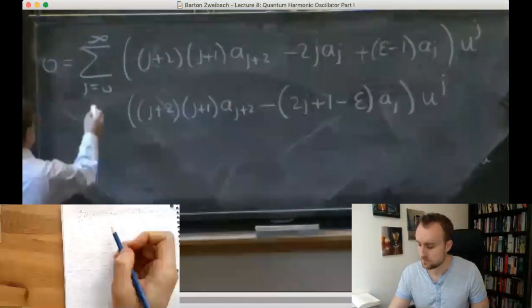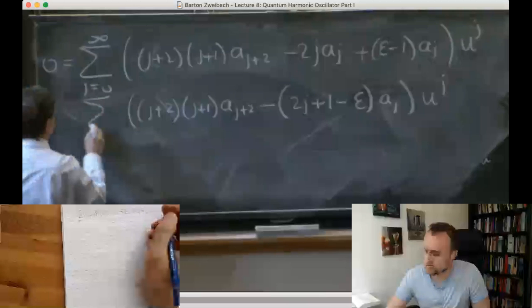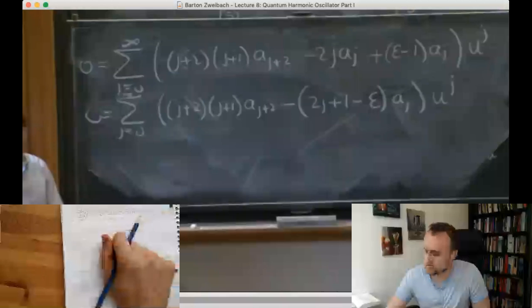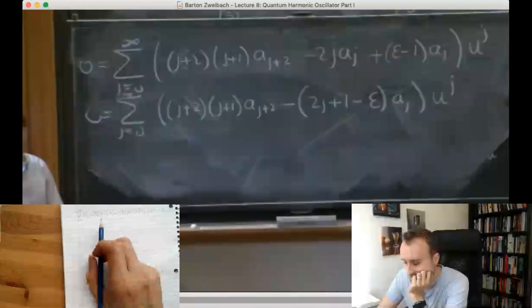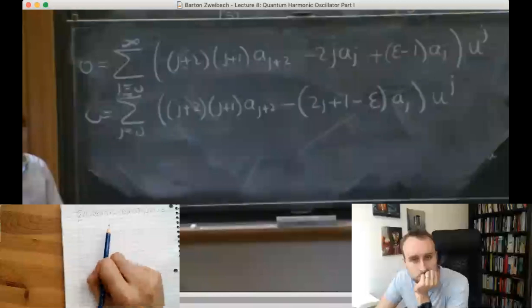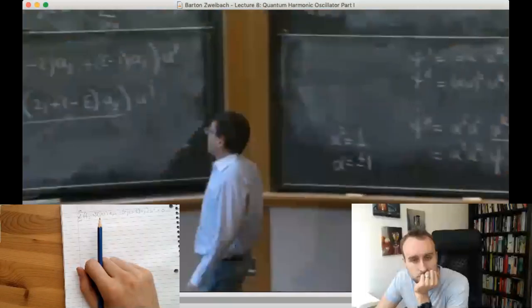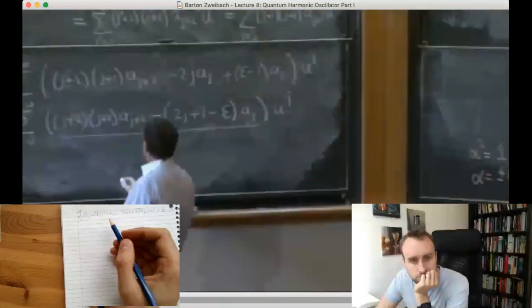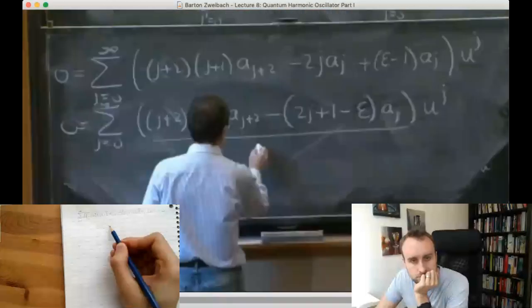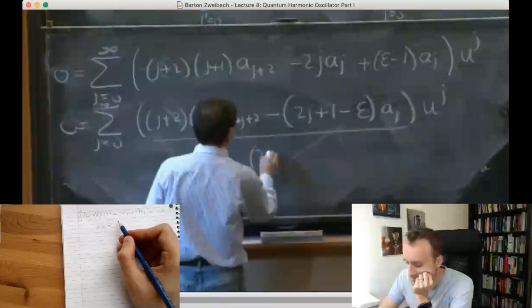This is the same sum. And now, okay, it's a lot of work, but it must be 0. So as of a_j, what I had told you, that a2 seems to be determined by a0. So this is saying that a_{j plus 2} is determined by a_j.